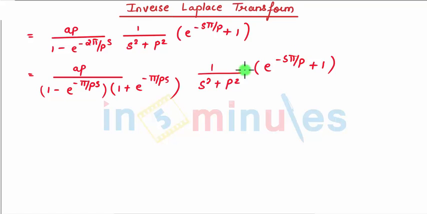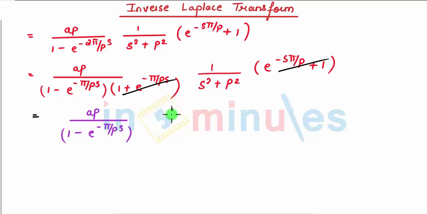So I can cancel out this term and this term. So my final answer comes to be ap divided by 1 minus e raised to minus pi by p s, times 1 upon s square plus p square.